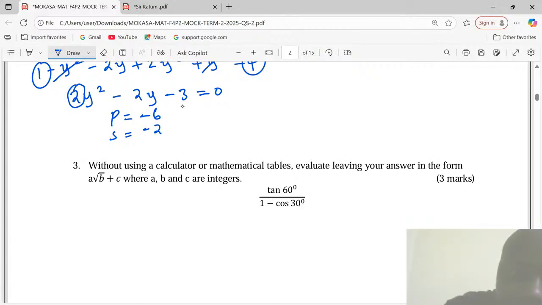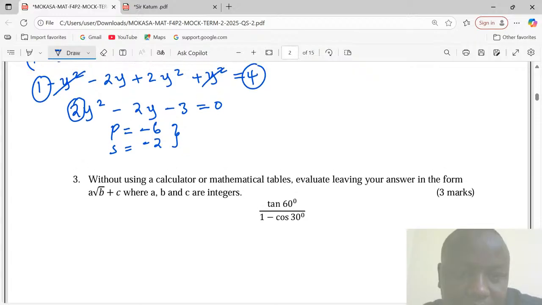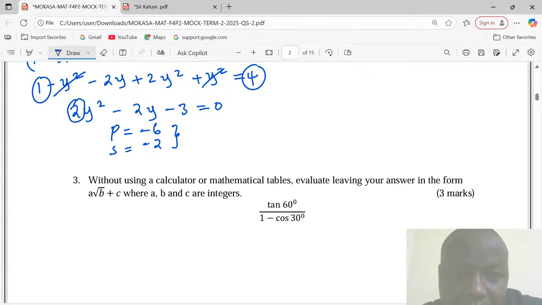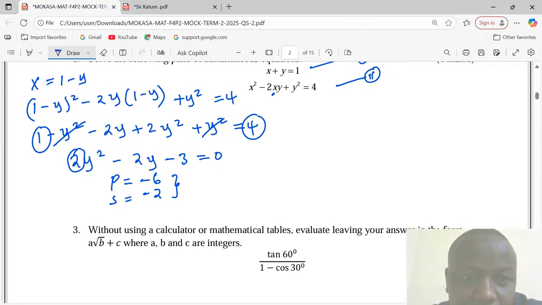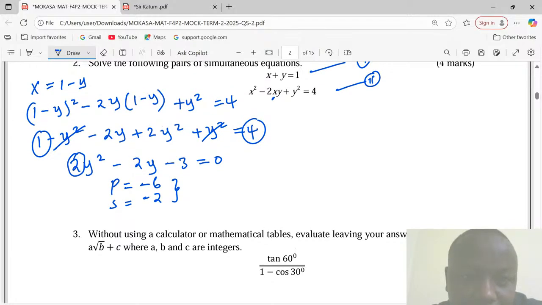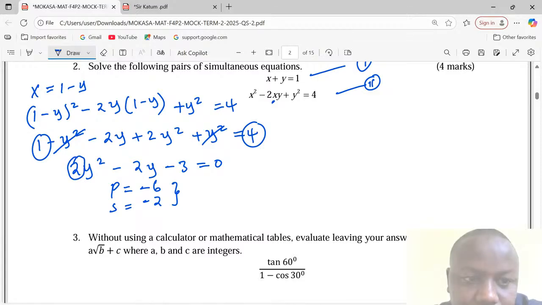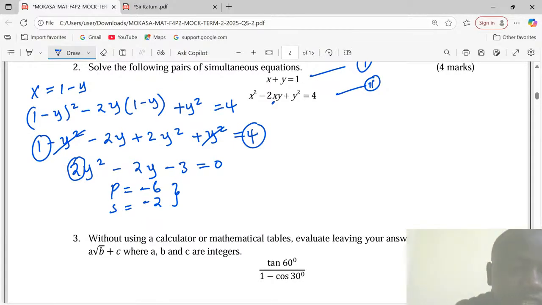Now, which 2 factors multiply to give us negative 6 and add to give us negative 2? I'm trying to think about these particular terms, or we get back to the grouping of terms. Yeah, there is an issue here.